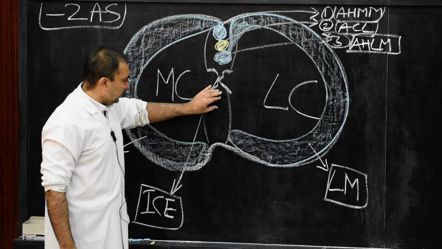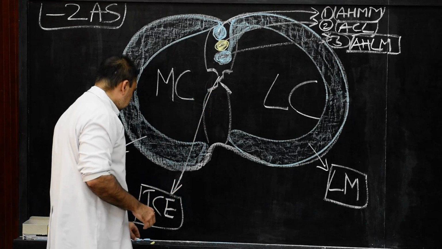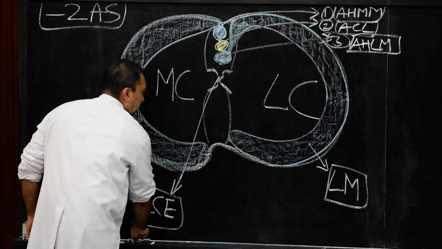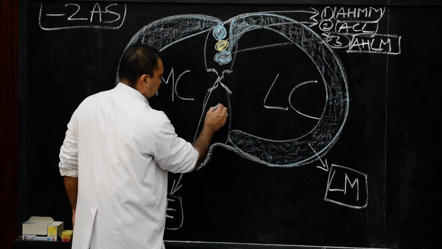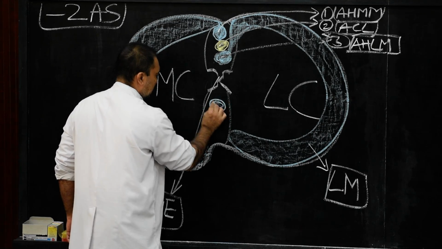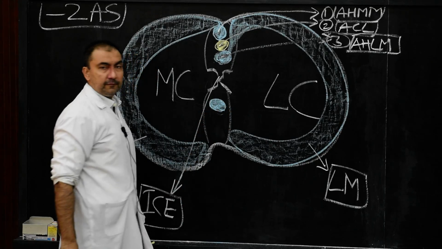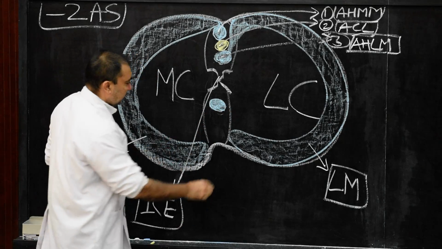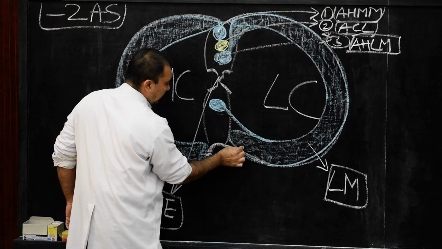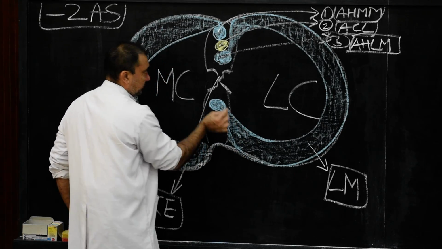Those three structures will be, the first structure here, the posterior horn of the lateral meniscus. So the lateral meniscus will end like this, in this way.